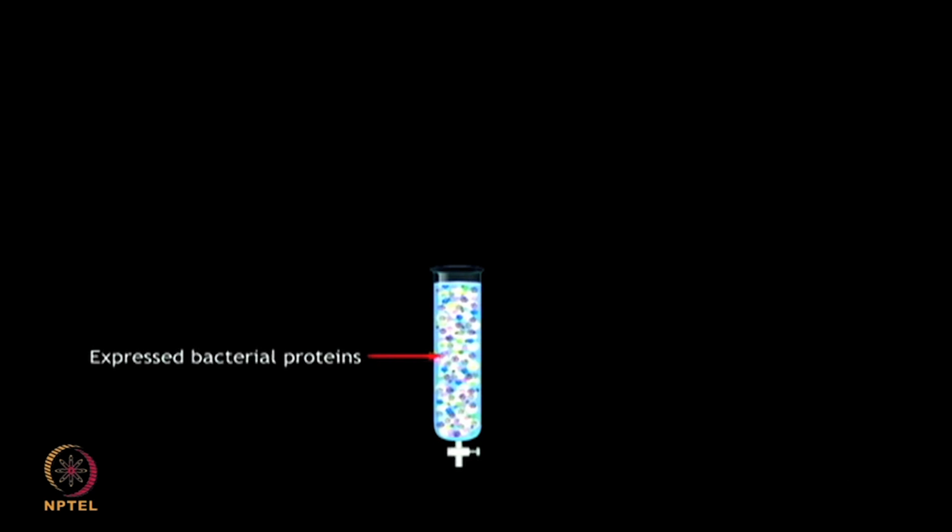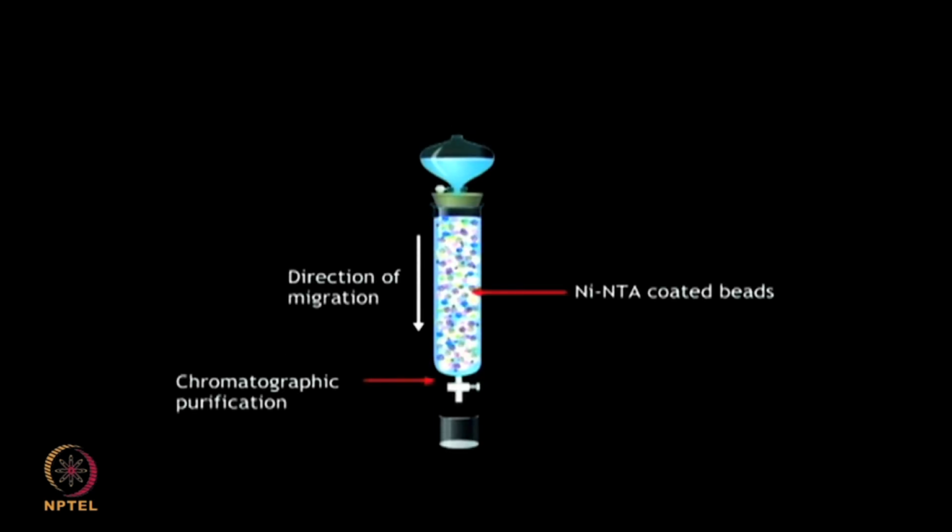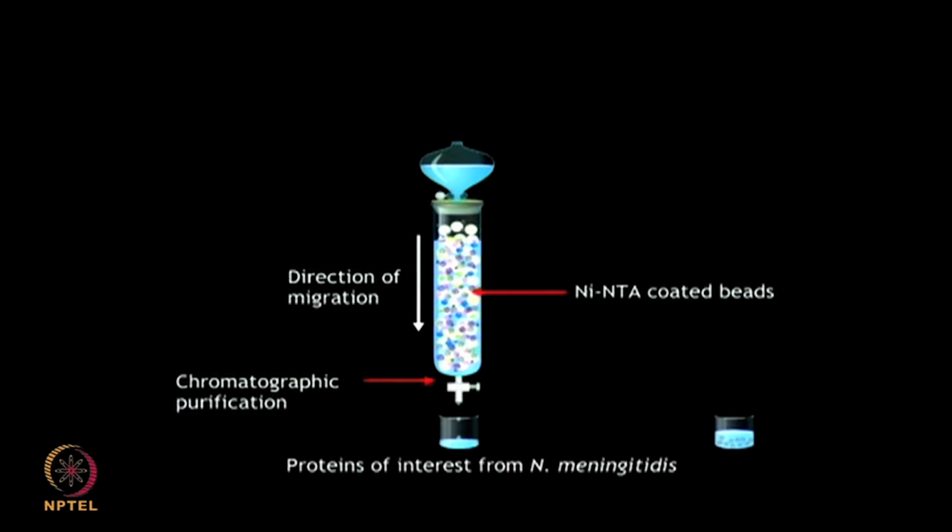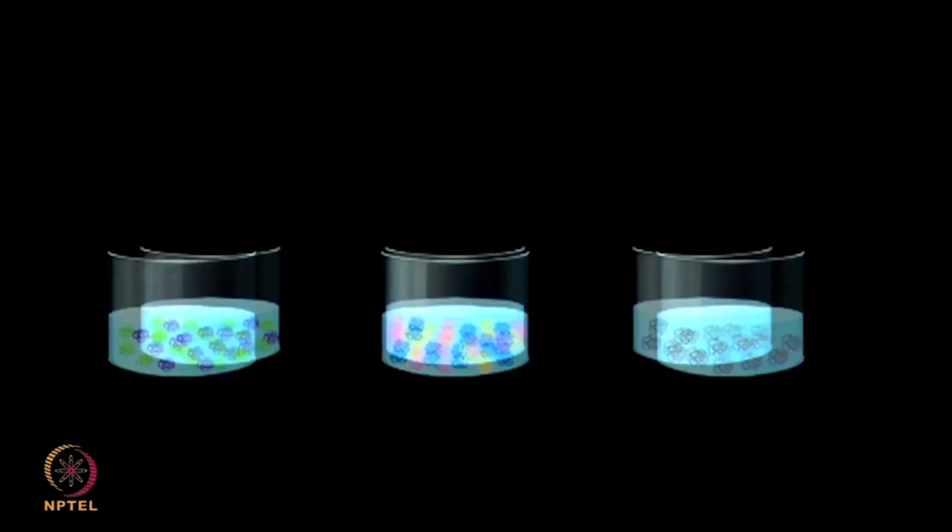The proteins were purified based on the specific nickel NTA binding. After various elutions were collected, these fractions were further separated on the SDS-PAGE gel to check the purity of these preps.